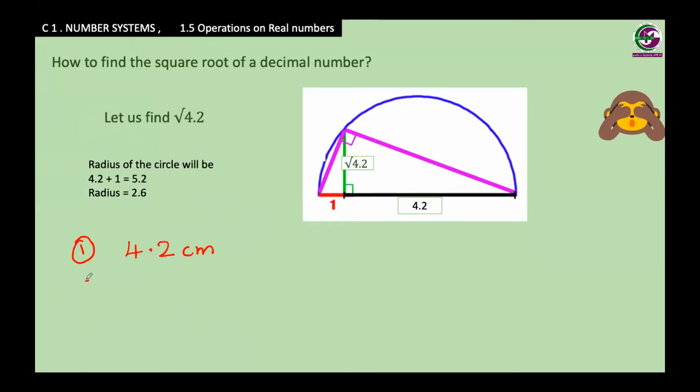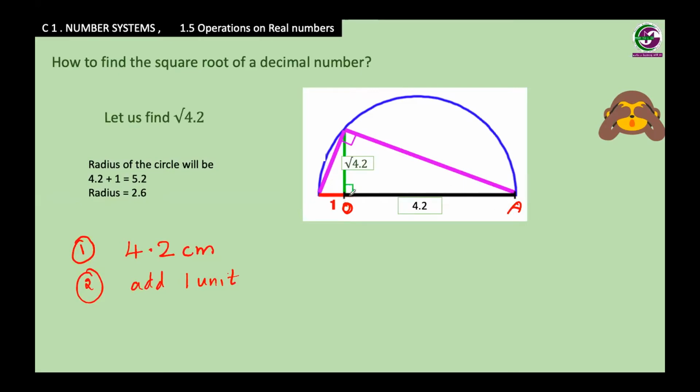And then second step is from one end, add an extra 1 unit. Add 1 unit extra or 1 centimeter extra. Look at this one. From the first point, let's mark this as O. And this is A. From O to A is 4.2.